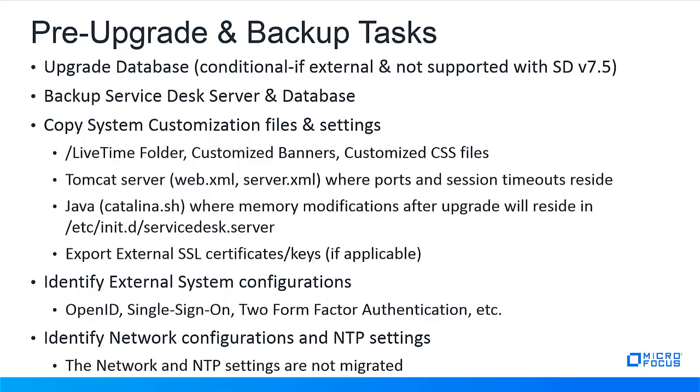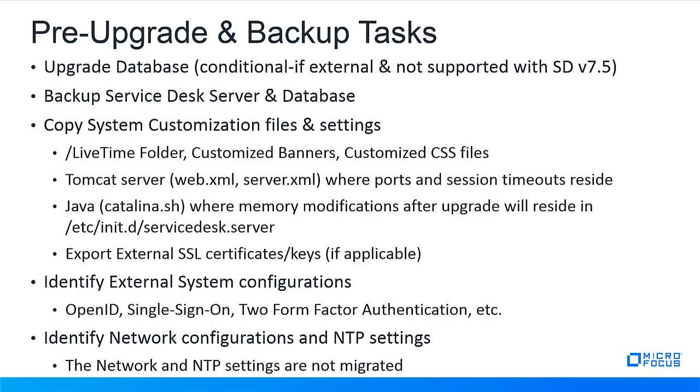Double-check your external system communications with connections such as email, LDAP, ZENworks, and if applicable, other things like the two-form authentication, single sign-on, or OpenID, etc. Identify and note the network, DNS, and NTP settings, for these are not migrated and will need to be restored to the original IP address, DNS name, and NTP configuration at the end of the migration.